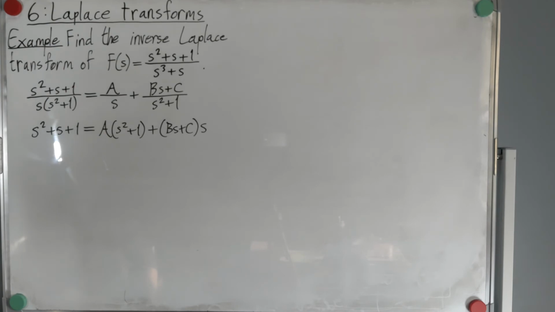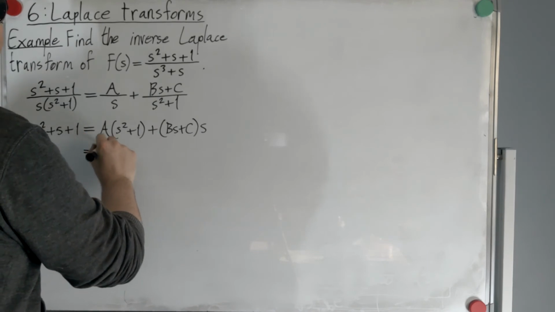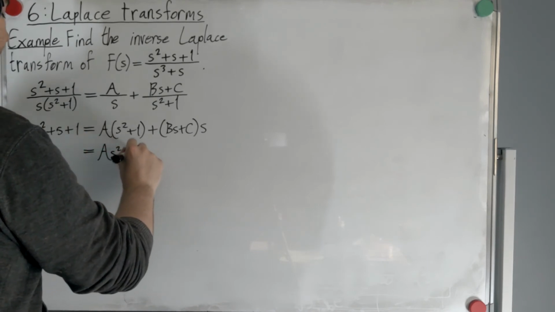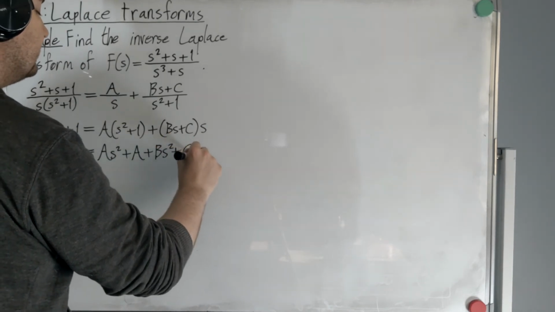All right. This becomes As squared plus A plus Bs squared plus Cs.